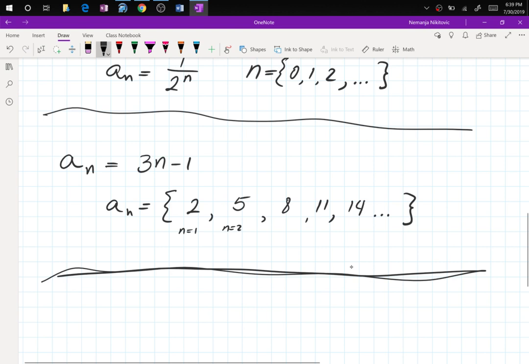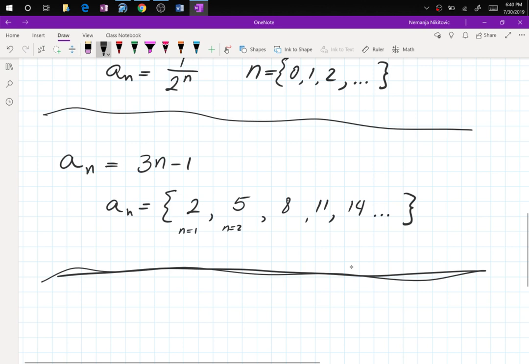Now, some sequences are given as what we call recursion, where the new term in a sequence depends on the previous terms. You already know one of those sequences. It's mentioned in pretty much every math course, and a lot of artists use it. Does anyone know? The Fibonacci sequence, yes.